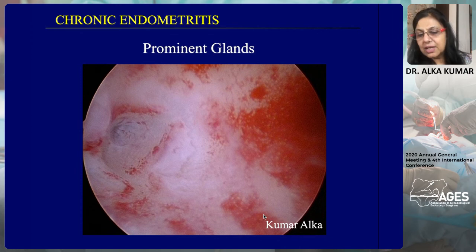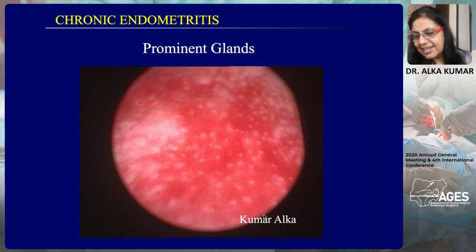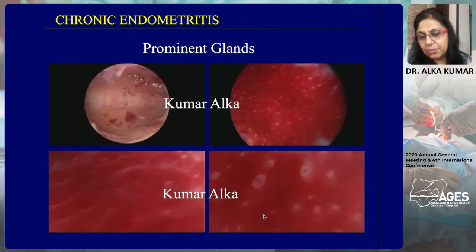In this picture, around the tubal ostia, it's not as bad, but if you take the picture to the other side, you are seeing a patchy endometrium which has got its redness. It's angry looking. These are the gland openings surrounded by a red halo, the hyperemia, which is again one of the features, the strawberry-like appearance.